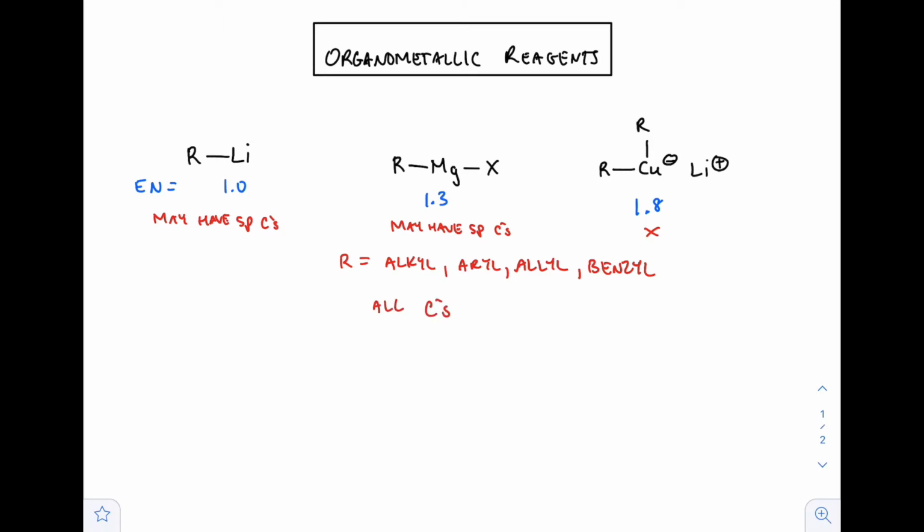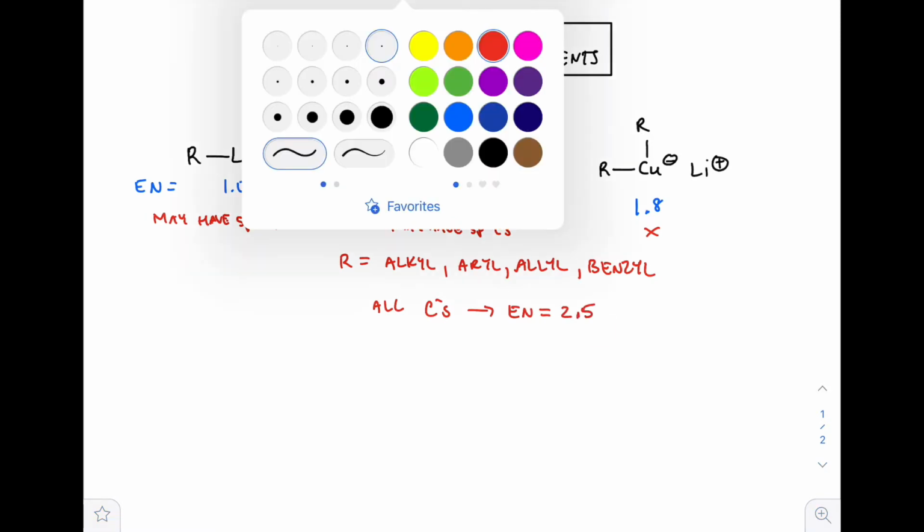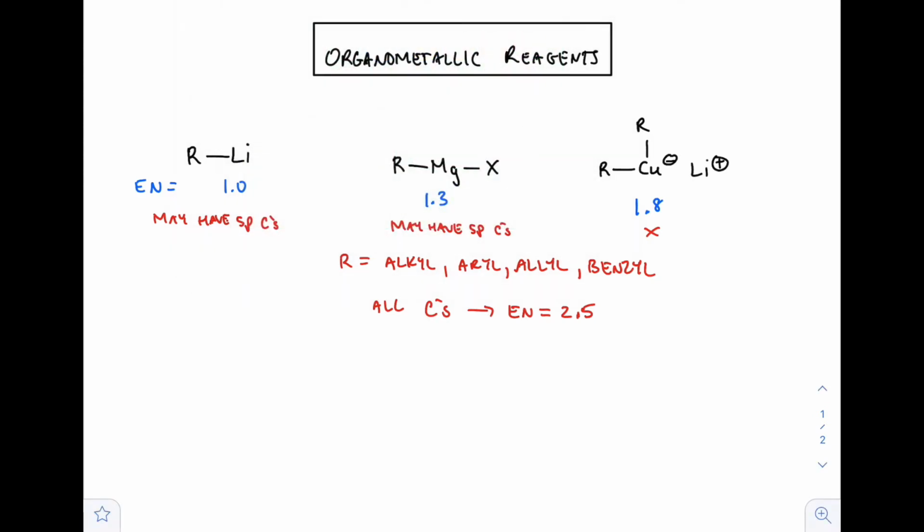Okay, they're all carbons, right? And since they're all carbon-containing R groups, the electronegativity of carbon is 2.5. So that's really what we're looking at when we're talking about the difference in electronegativity. So what I can do is actually change the magnitude of this vector in the dipole.